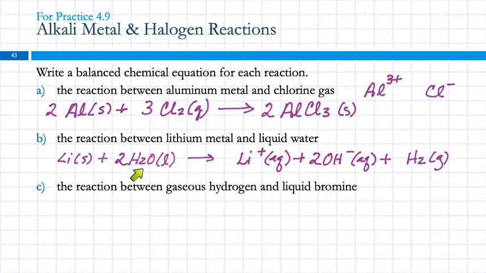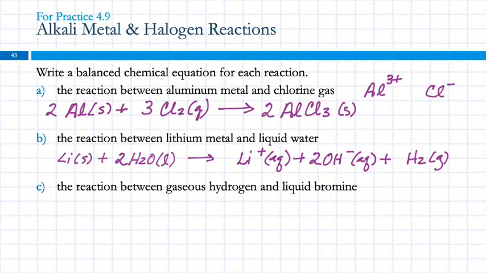And now we've got 2 oxygens and 2 oxygens and 1 lithium. That's a hard one. So when a metal reacts with the water, it always produces a metal plus hydroxide plus H2? The alkali metals do, yes.